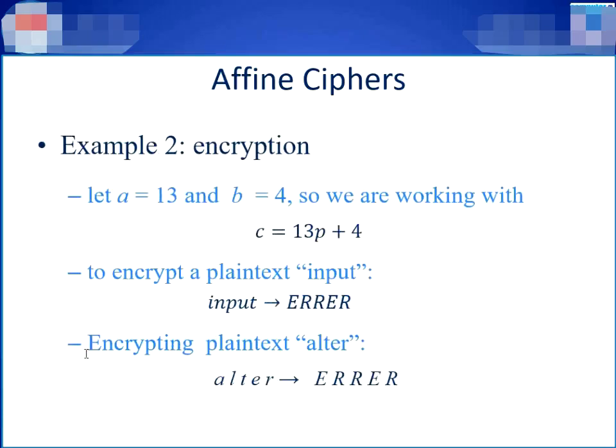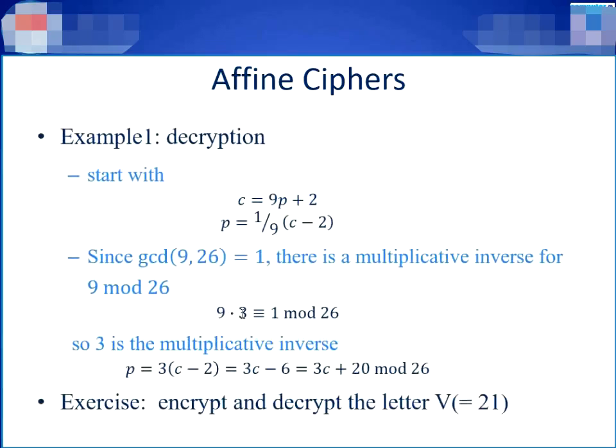We will see how to calculate the multiplicative inverse later. So we can see that if we multiply 9 by 3, the remainder after division by 26 is equal to 1. So 3 is the multiplicative inverse of 9 modulo 26. We can decrypt our plaintext by using this key.